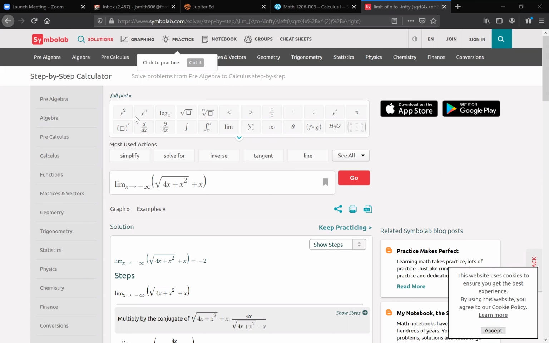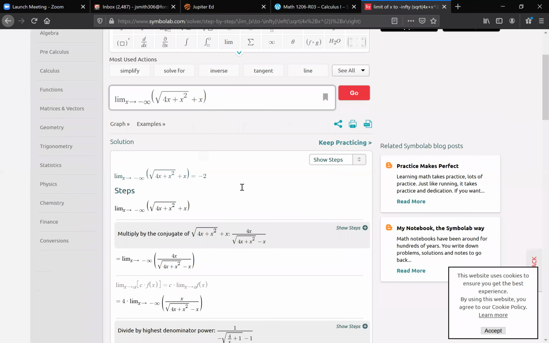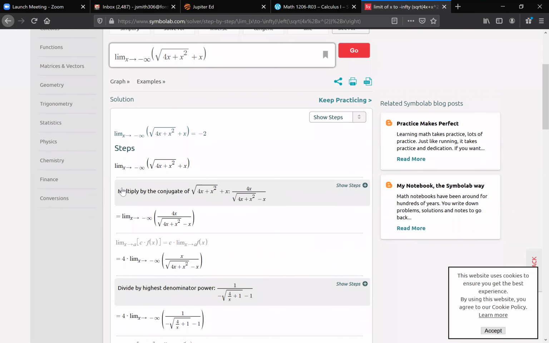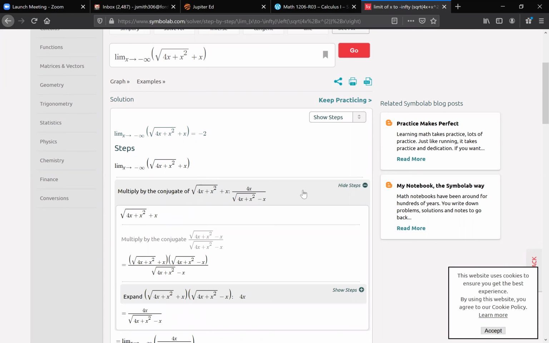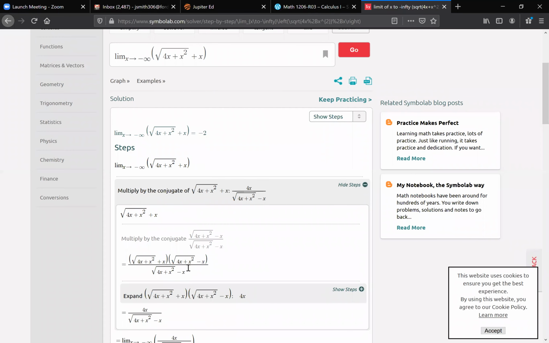And this one is nice whenever it can actually compute something. Wolfram Alpha can actually compute more than this guy can compute, but whenever this can compute a straight up limit or a straight up integral, you will be able to see the steps. So it tells you even the steps. So multiply by the conjugate. So it tells you to do that, and you can show steps, and it'll simplify it for you.